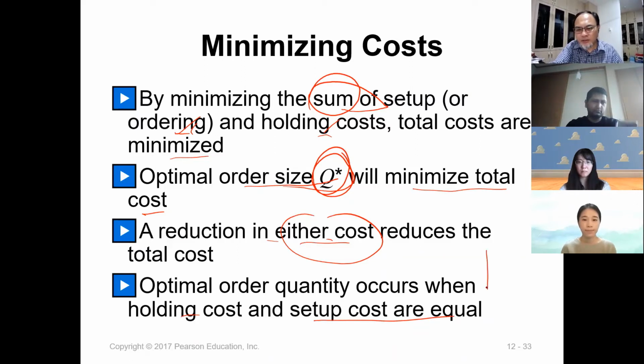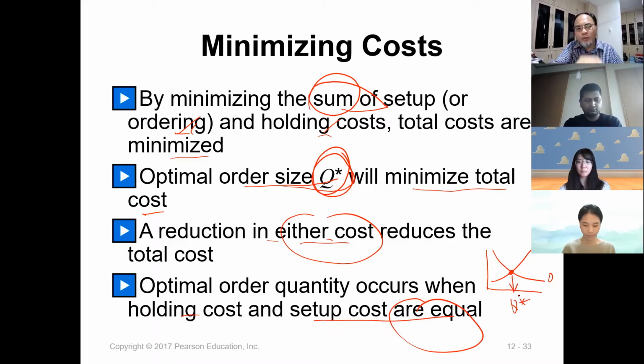That means, this is ordering cost, this is holding cost, straight line. So this is where it meets, this is where this equals. So this is Q star. So optimal order quantity occurs when order cost and holding cost are equal.